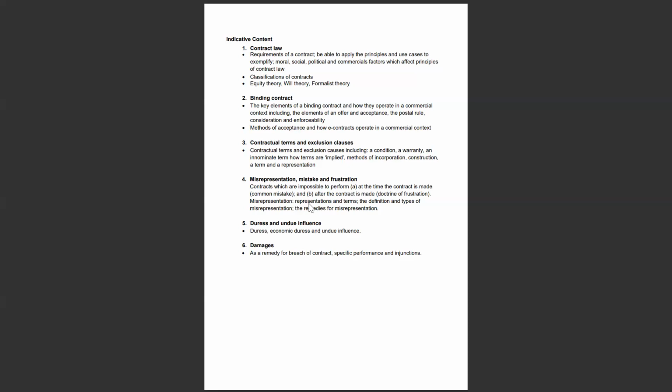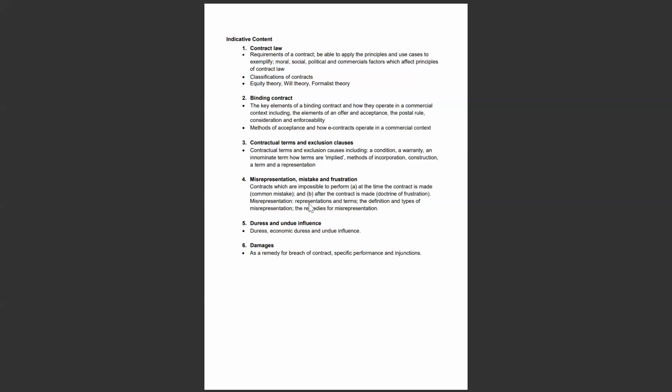Number 3, we looked at contractual terms and exclusion clauses. Contractual terms and exclusion clauses include things like a warranty, condition, innominate term and how these terms are applied, methods of incorporation, construction, a term and representation with reference to case law and examples. Number 4, misrepresentation, mistake and frustration.